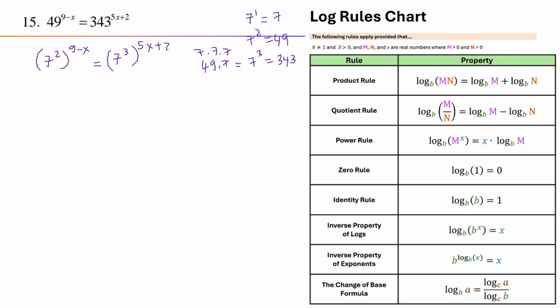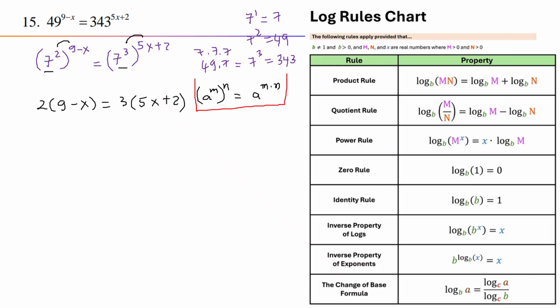Now, remember we have a to the power of m to the power of n. That is a to the power of m times n. I know that formula, so I can now skip that step. Okay, so I take 2 times that equal to 3 times that, because I know the base is the same. So 2 times (9 minus x) equals 3 times (5x plus 2). Do you see what I try to do, to save your time?